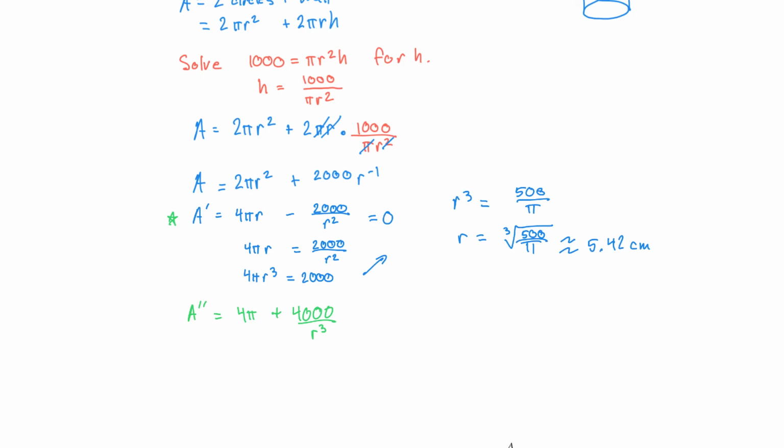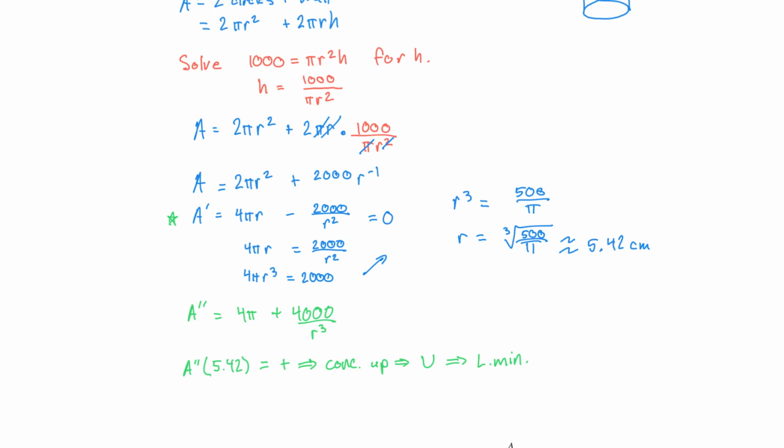If you plug in the critical point 5.42, you would find that the value is positive. If that is positive, that means we're concave up, which implies a shape like this, which implies a local minimum, which was exactly what we wanted.